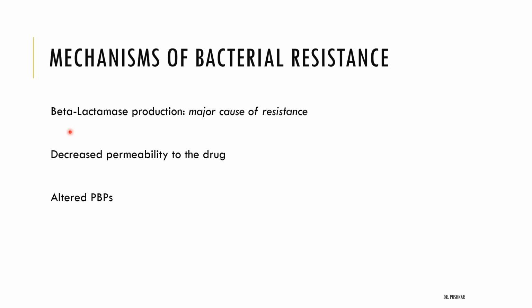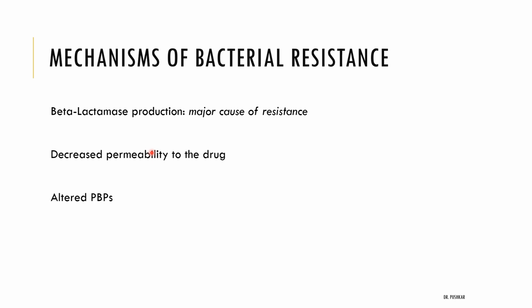So all beta lactam antibiotics consist of a beta lactam ring, and this ring is hydrolyzed by these beta lactamases. Okay, and there are other mechanisms of bacterial resistance such as decreased permeability to the drug. That is how they may also develop bacterial resistance.